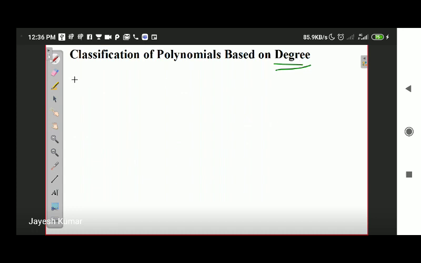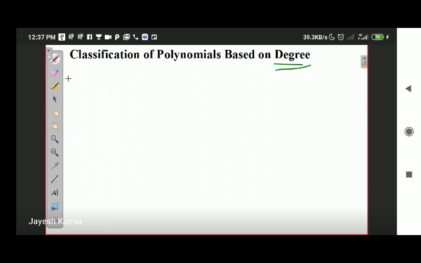There can be more classifications, such as biquadratic and higher order degrees, but they do not concern us in our course up to 10th class.